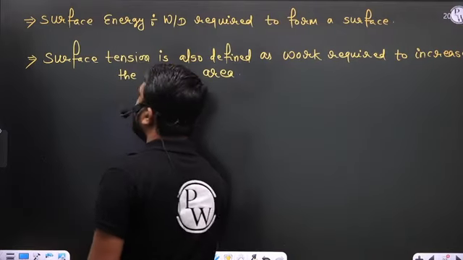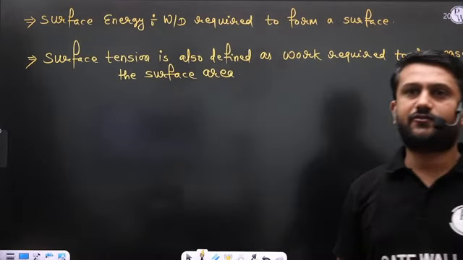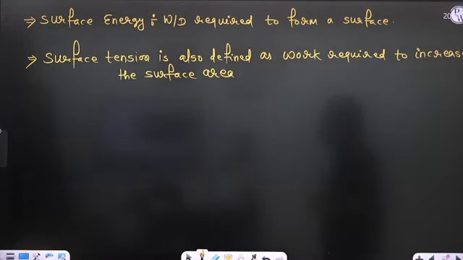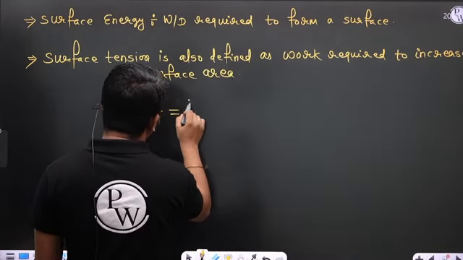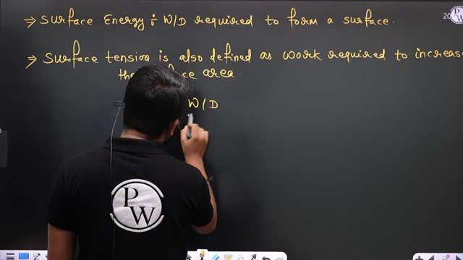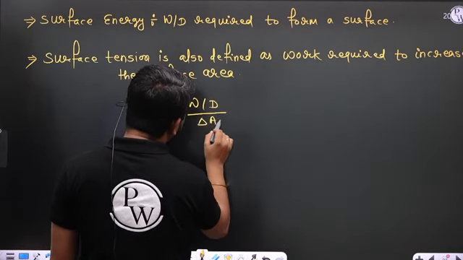So you can define the surface tension in this form also, right? This is a new definition of the surface tension. So surface tension is equal to work done which is required to increase the surface area.